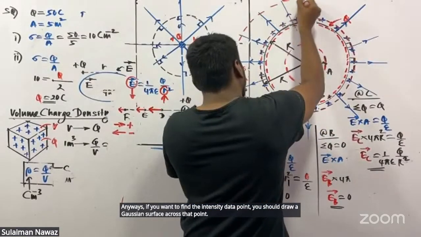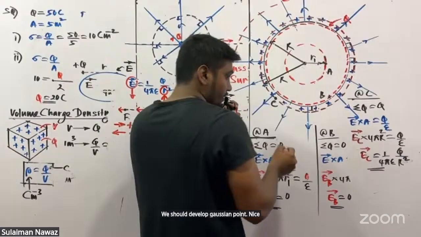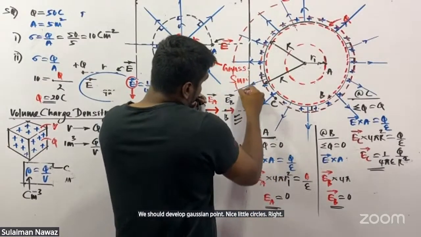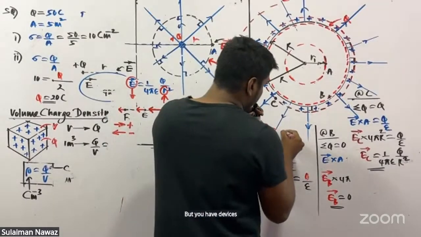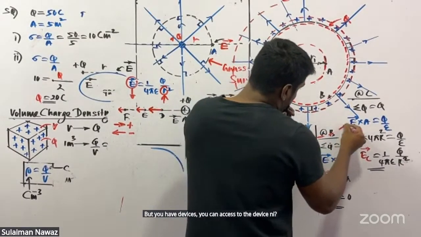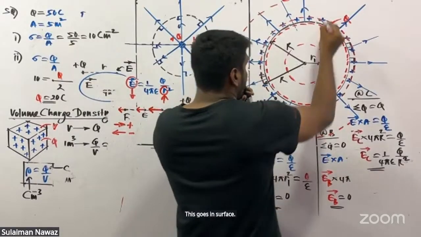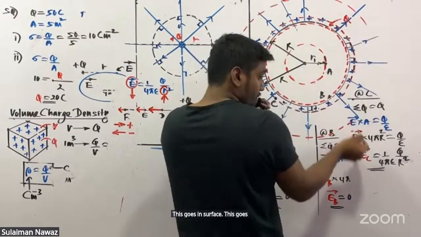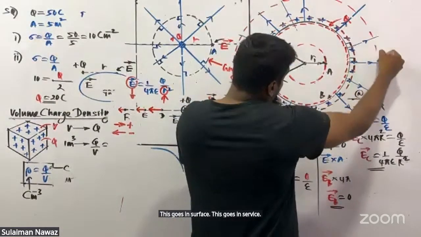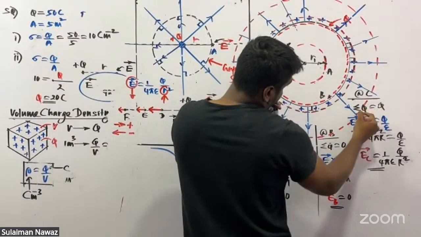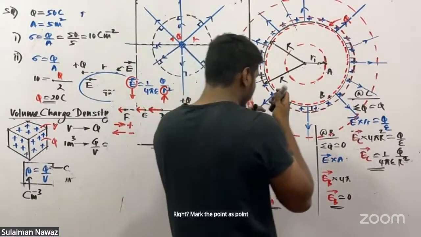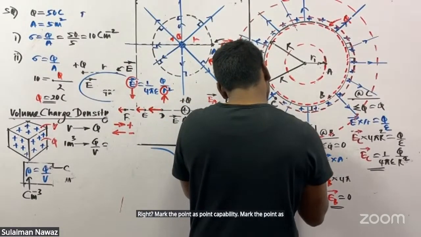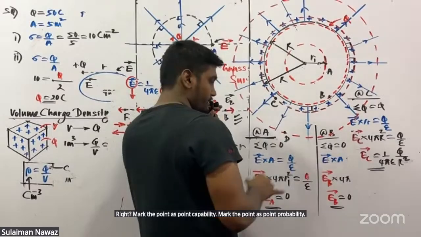Nice to draw circles; my circles will be maybe messy, but you have devices, you can draw this Gaussian surface. Mark the point as point capital D.